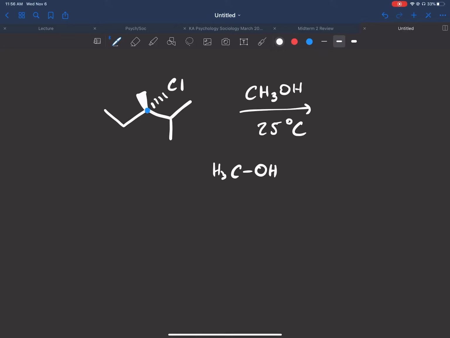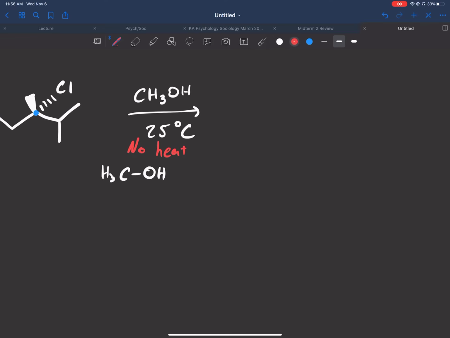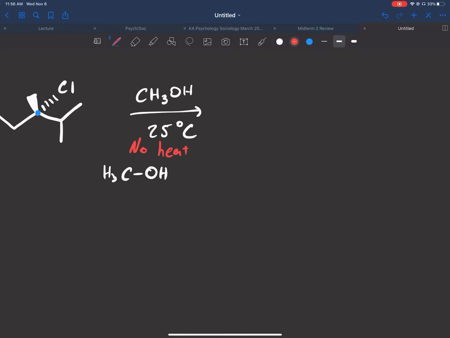But also, I said that SN1 and E1, the way we differentiate them is mainly based on if there's heat present. 25 degrees Celsius is room temperature, so this isn't a reaction where we would consider this as getting heat input. So we can essentially write no heat. Okay? So this is going to be an SN1 reaction. So first arrow for an SN1 is the leaving group must leave.